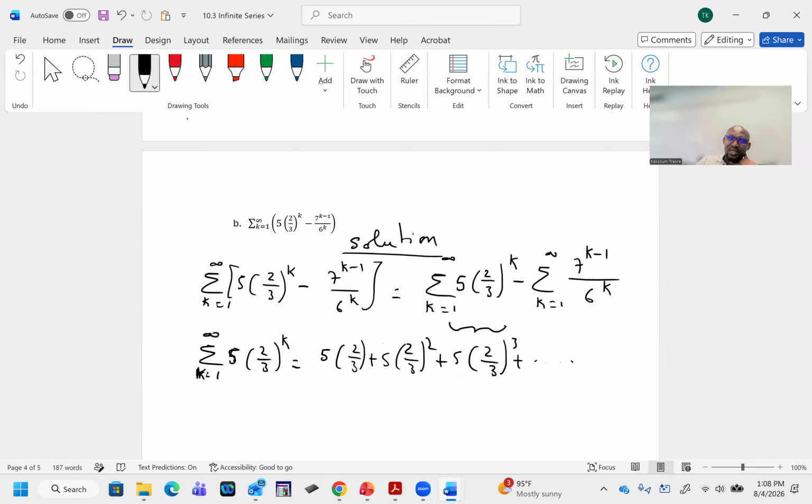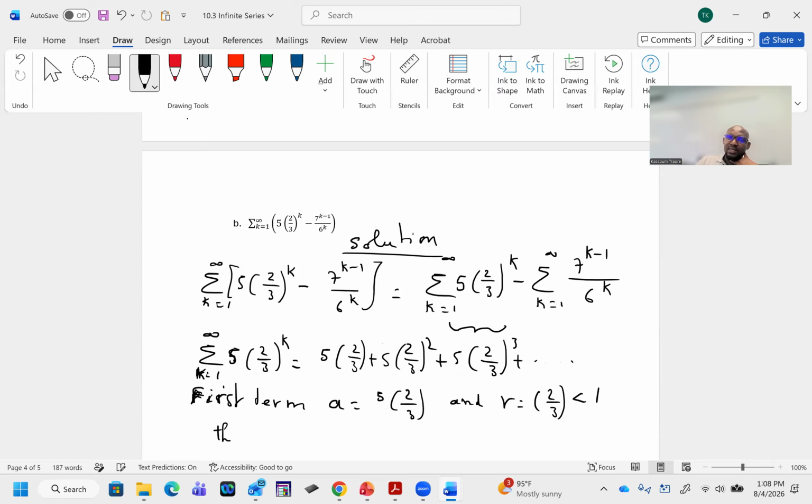We can see the first term A is 10 divided by 3, and r is 2 divided by 3, which is less than 1.